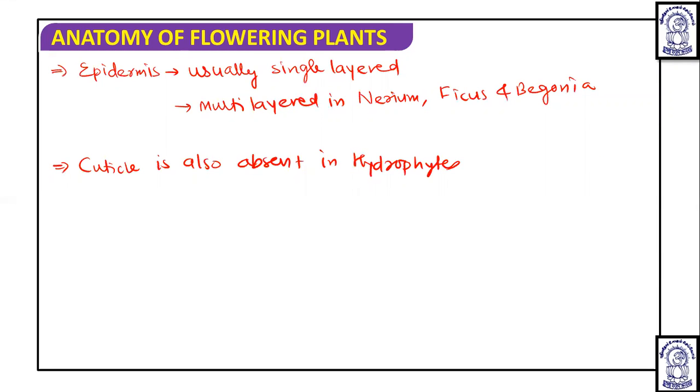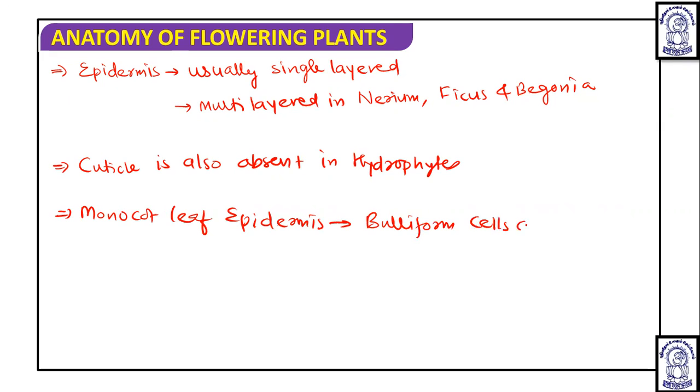Apart from this, in the monocot leaf epidermis, that is the upper epidermis, bulliform cells are present.